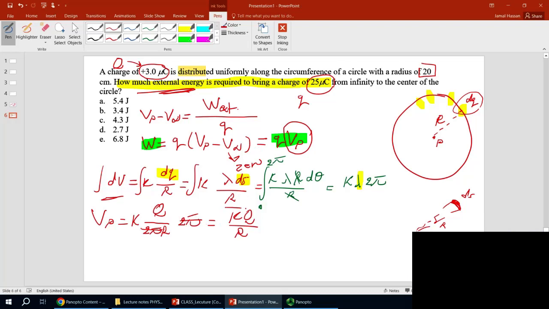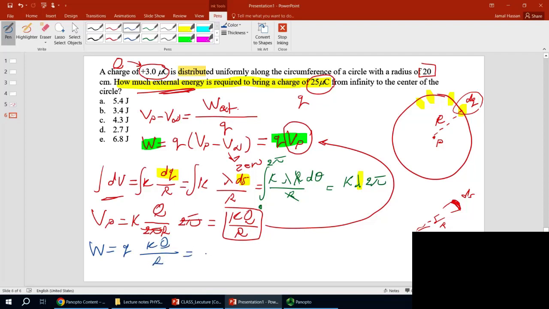Okay, so let's substitute this into the previous equation. That means the work required to bring the charge of 25 microcoulombs to the center of the circle is equal to q multiplied by KQ divided by r.